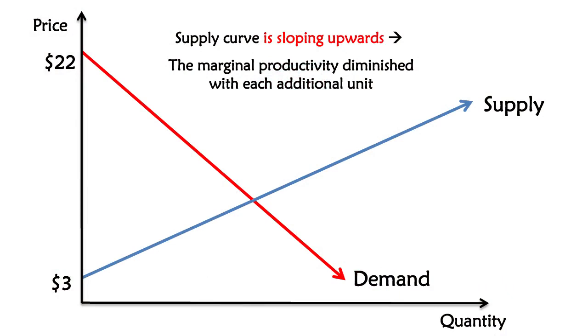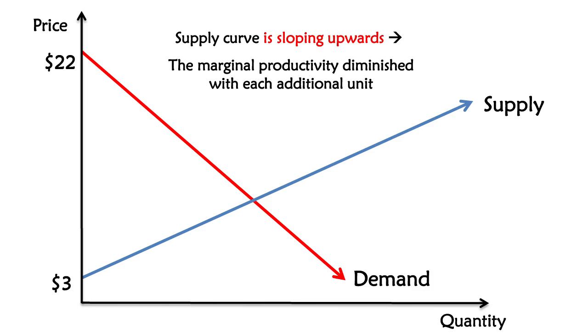This means that the marginal productivity of each input of production, namely labor and capital such as machines, diminishes with each additional unit of input used in production. The diminishing marginal productivity of inputs implies rising marginal costs of production.